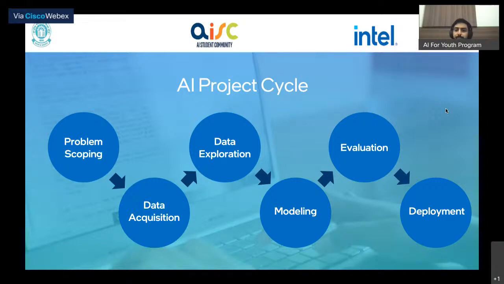If you're satisfied with its performance, we will deploy it so that people can use our solution, they will benefit from it, and the situation will improve. This is the whole AI project cycle. I hope you've understood the entire project cycle, the objectives of each and every stage, and the processes that you follow in each stage to convert your idea into reality.